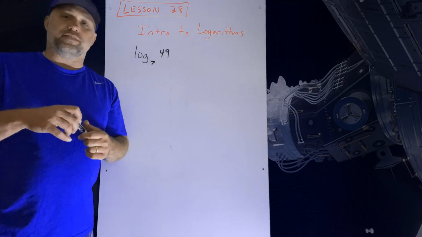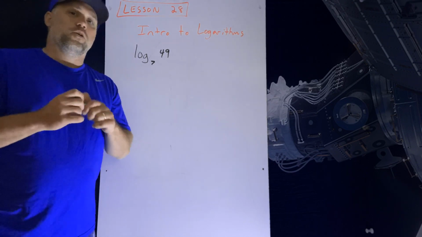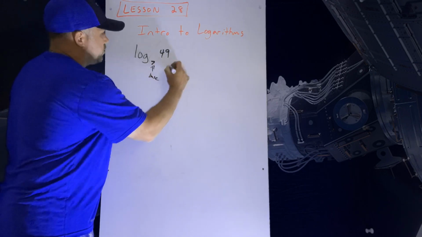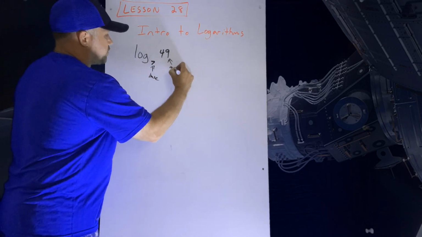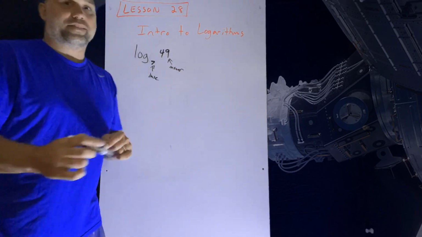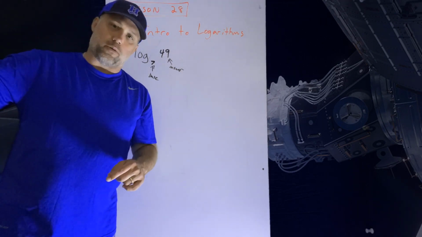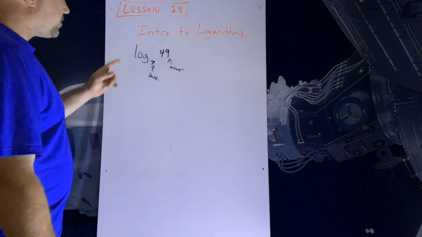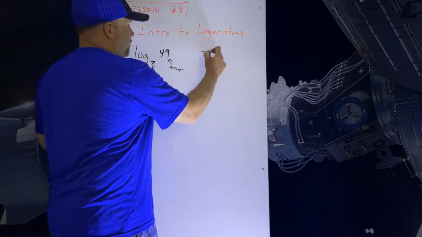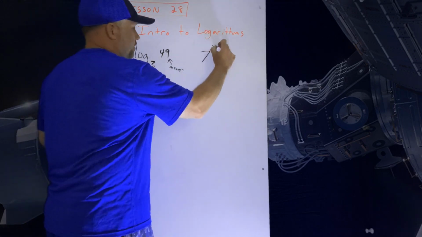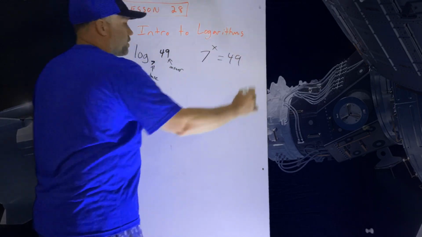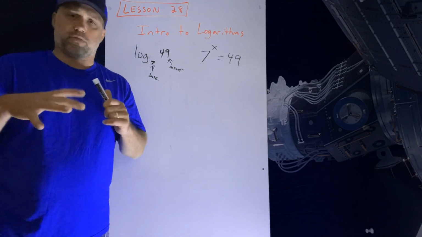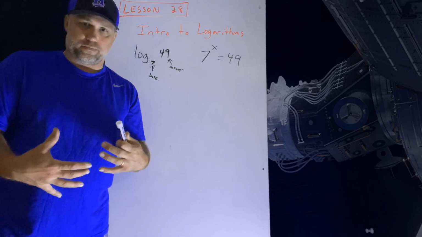All right, well, this is different than an exponent because this time we are giving you the base, we are giving you the answer, and we're asking you for the exponent or the power. So that's how it's different than an exponent. So this is asking you 7 raised to what power gives you 49.